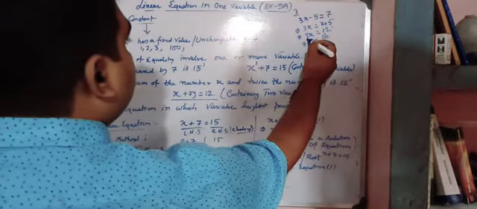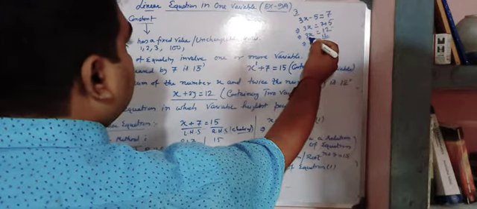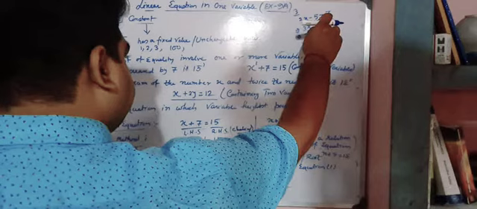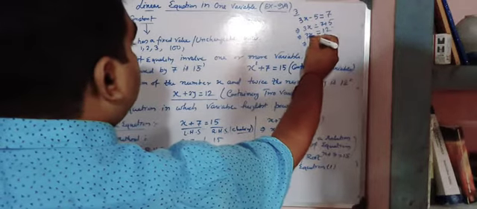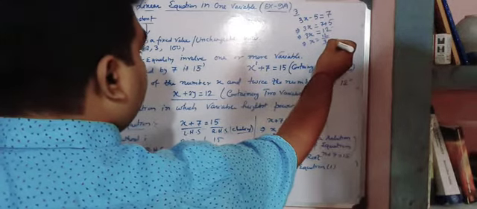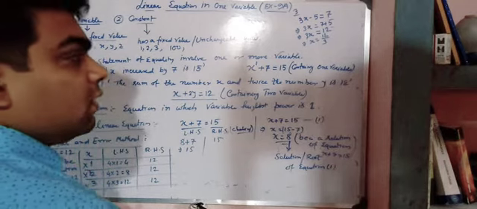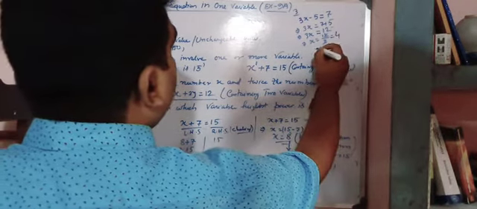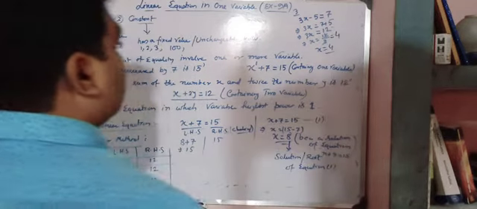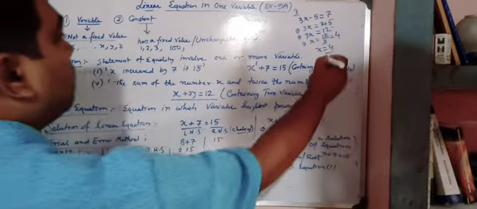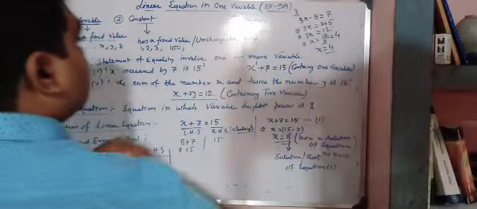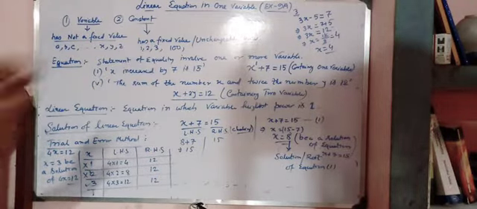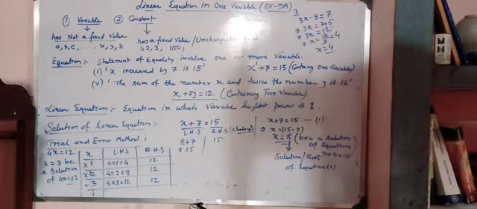Because here 3 is multiplied with x, and after crossing the equals sign it becomes division. So 12 divided by 3 is 4. So x equal to 4. Now again we put this value in the LHS and RHS, and we can see that they are equal. That is called the substitution method.